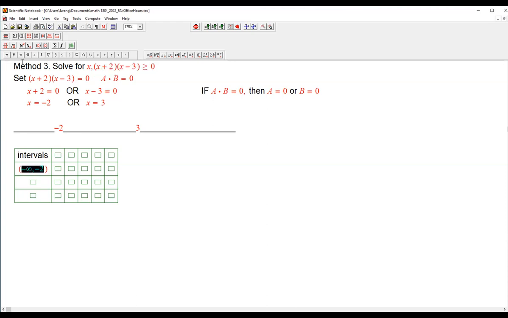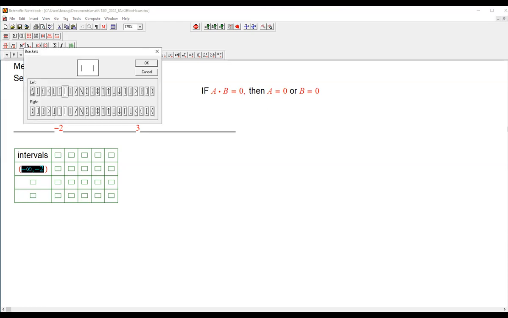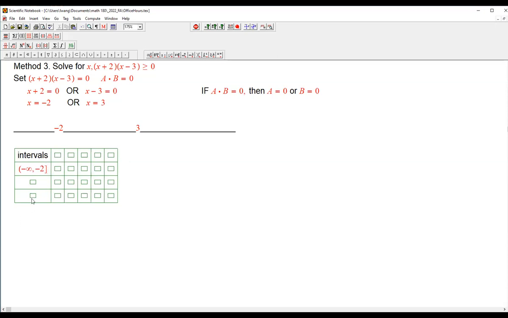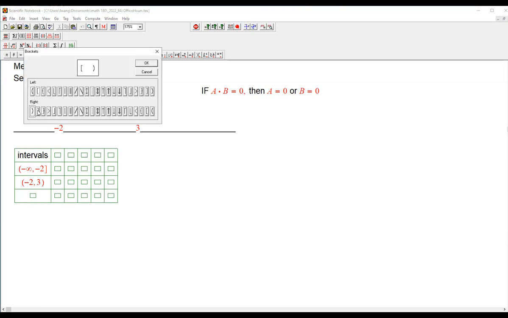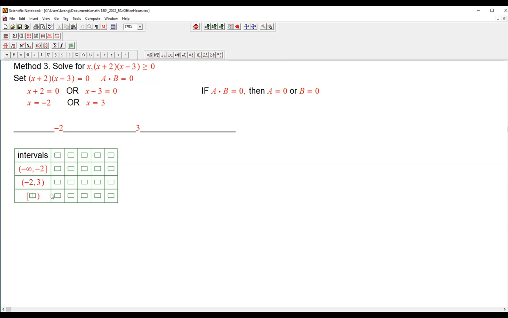For that reason, we write the interval in this way. In between, we have negative 2 to 3, which is the interval right here. And the third one will include the 3, because 3 makes a solution. And we have 3 to positive infinity.